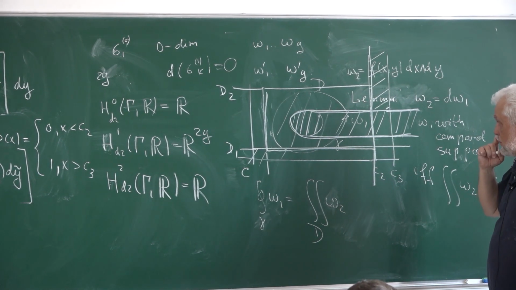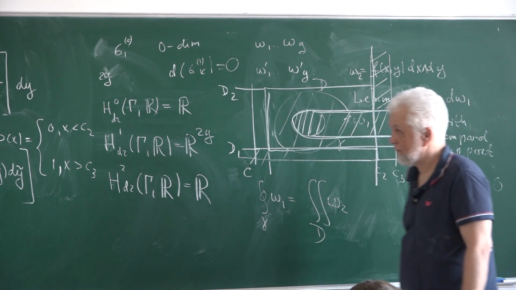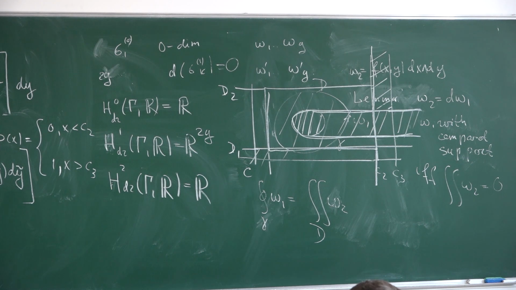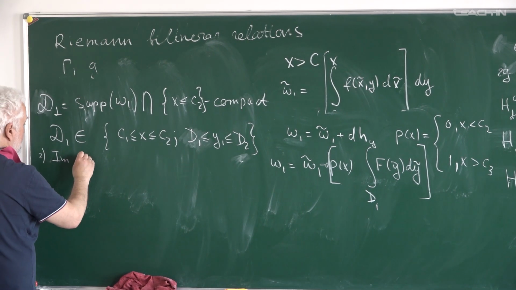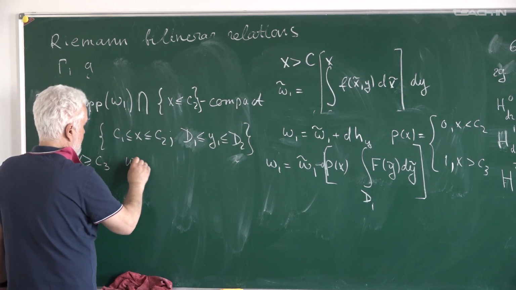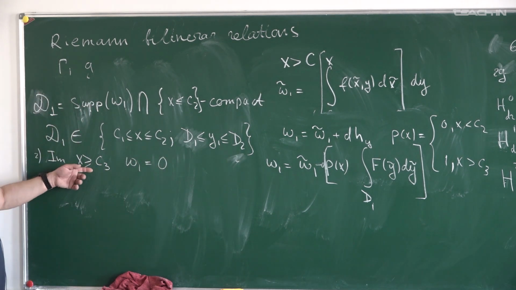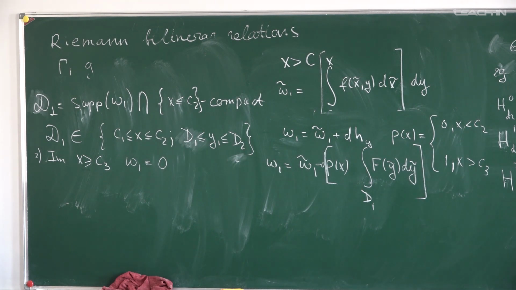Now, what happens here? Second statement: because here omega 1 is 0. Why?